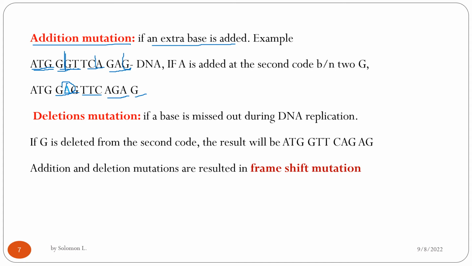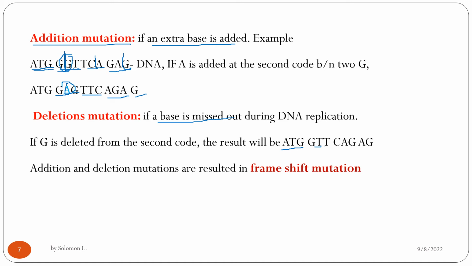Plus, deletion mutation is also a point mutation type, occurring if a base is missed out during DNA replication. If guanine is deleted from the second codon, here if guanine is missed or lost, then the result will be adenine, thymine, guanine, then guanine, instead of guanine there is thymine, then thymine.